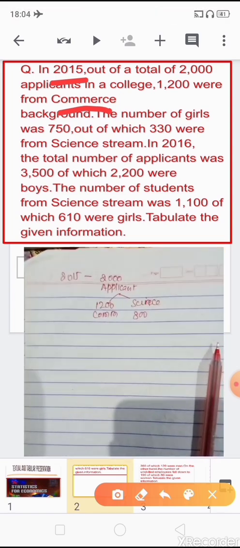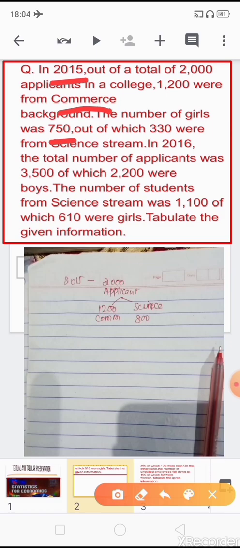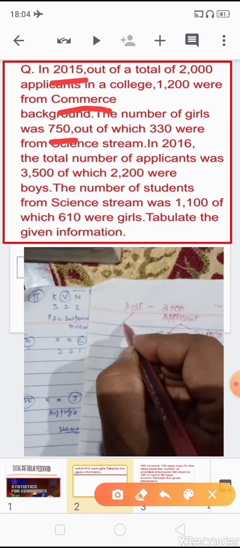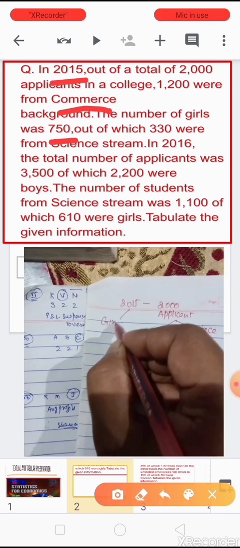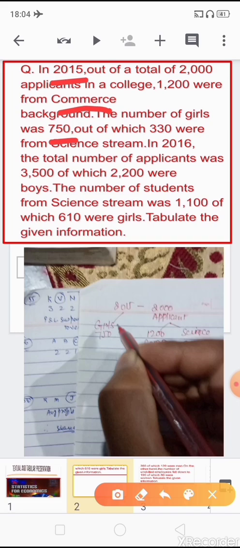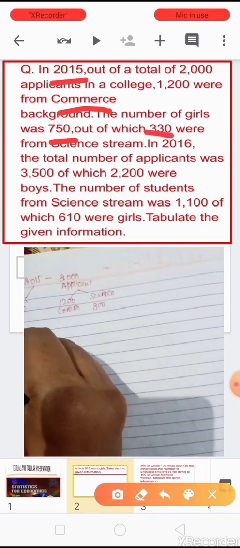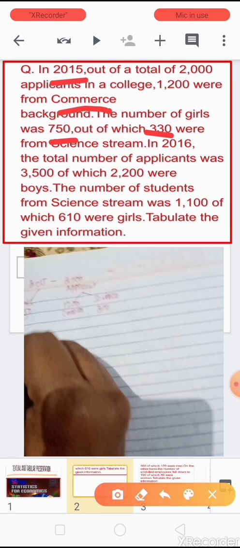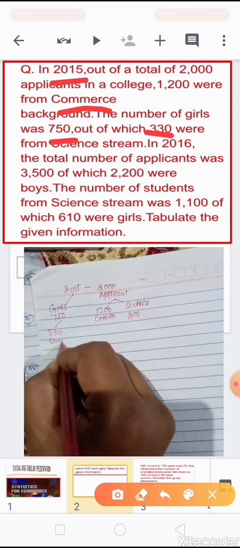After that, the number of girls is 750, of which 330 are from the science stream.